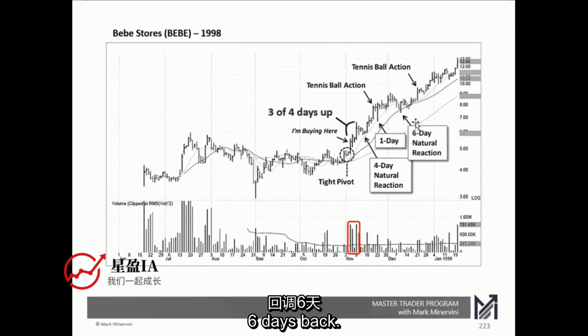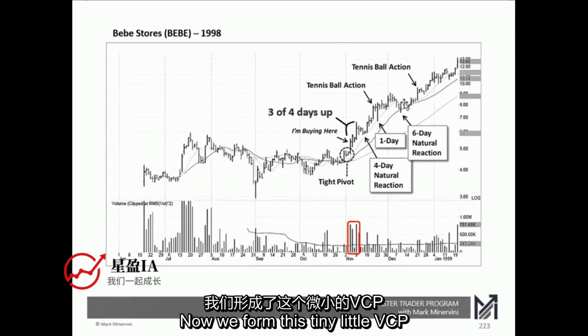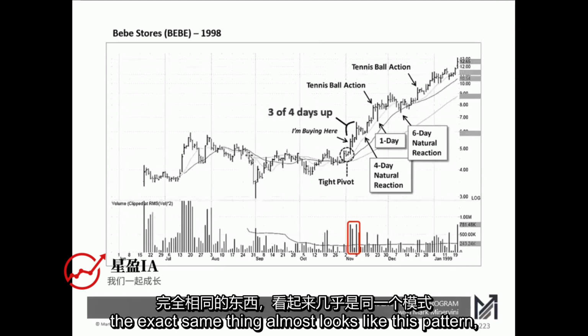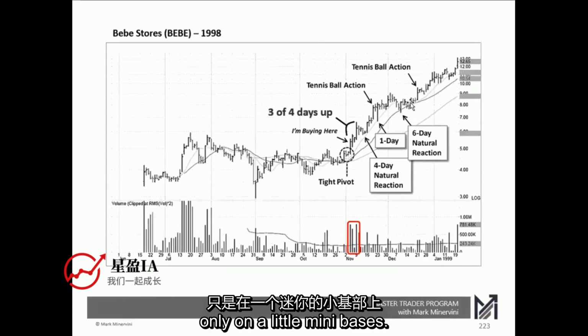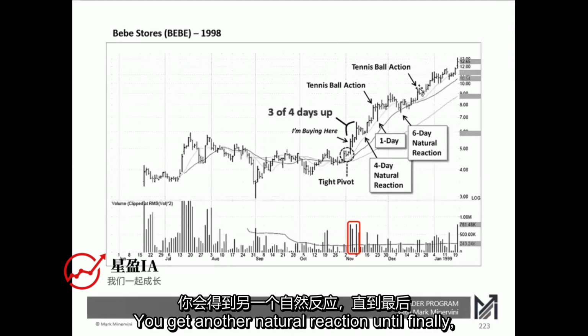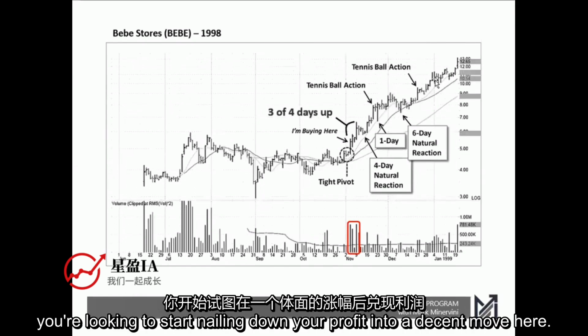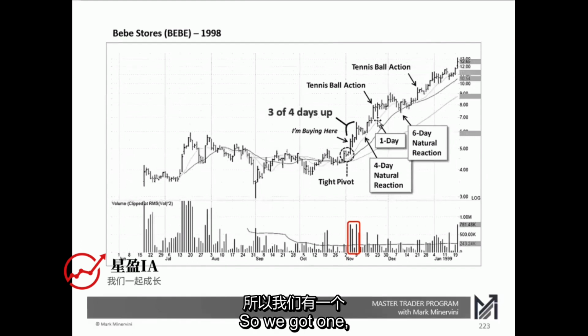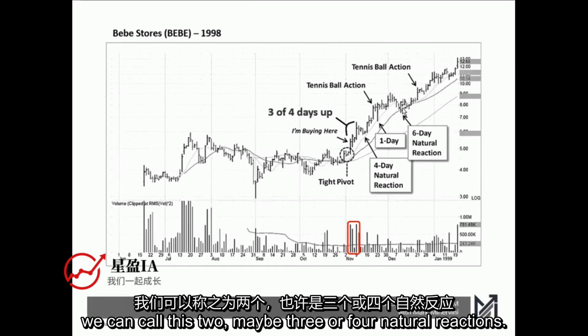Another pullback, 6 days back, and now we form this little tiny VCP. It's the exact same thing, almost looks like this pattern, only on a little mini basis, and we come out again. You get another natural reaction until finally, you're looking to start nailing down your profit into a decent move here. So we got one, we can call this 2, maybe 3 or 4 natural reactions.